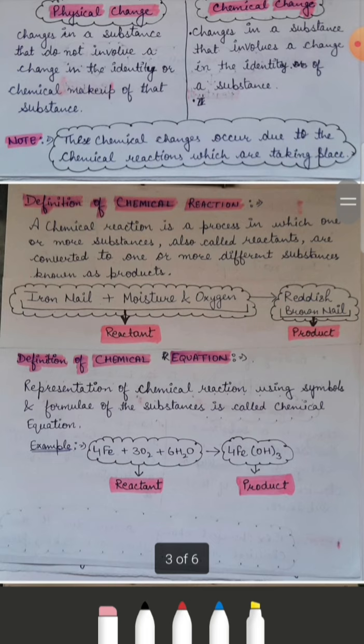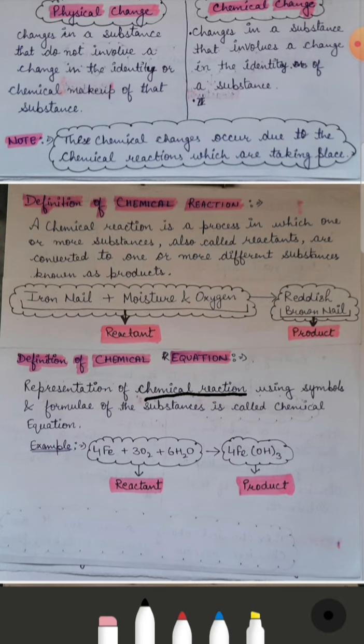Now, if we want to define what is a chemical equation: when the chemical reaction is written in the form of symbols, then we can say that it is a chemical equation. Remember, if the chemical reaction is symbolized, or we write it in the form of symbols and formulas, only then we can say that it is a chemical equation.